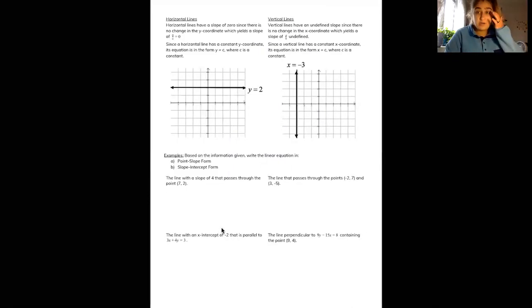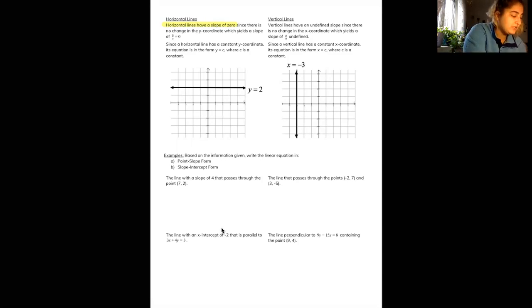When we talk about horizontal lines versus vertical lines, horizontal lines, right? The horizon, it's flat. Horizontal, you can think of flat, right? Vertical, think of up and down. Horizontal, left and right, okay? So horizontal lines, this is super important, have a slope of 0. And they have a slope of 0 because there's no change in the y, right?